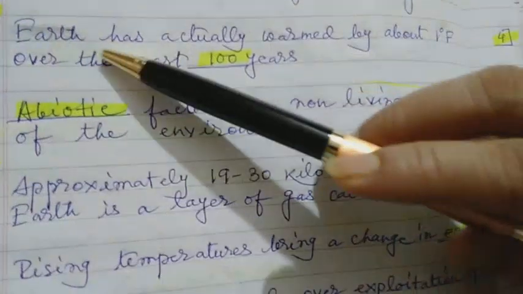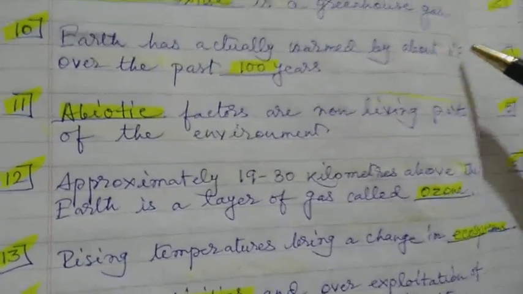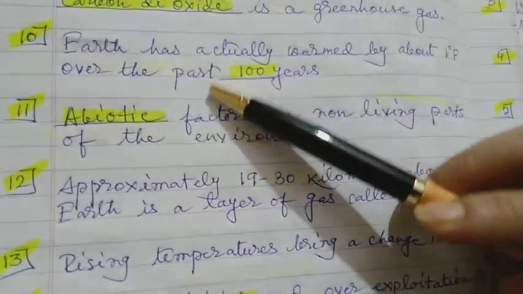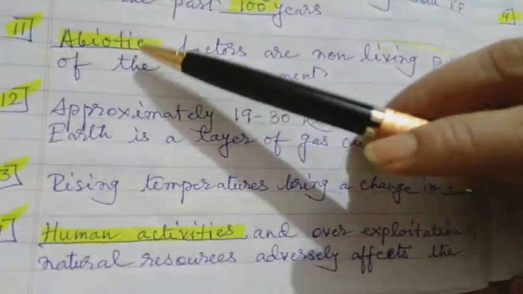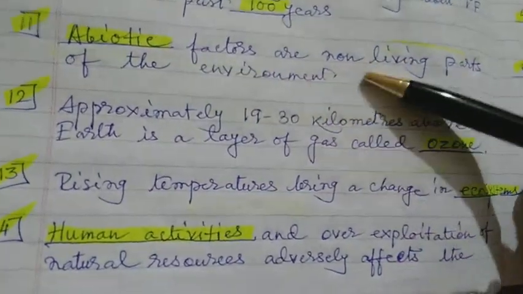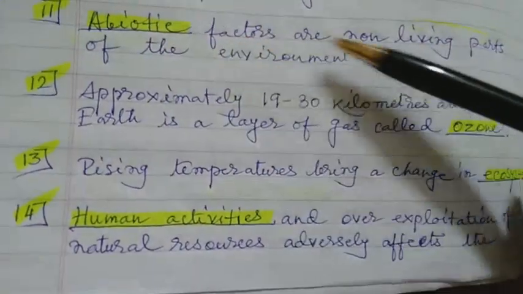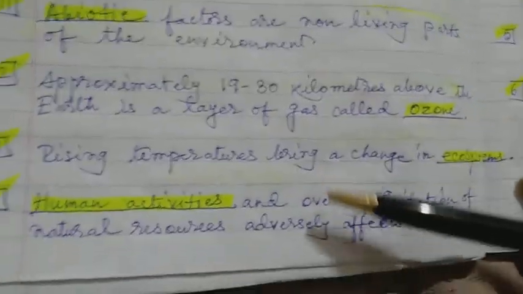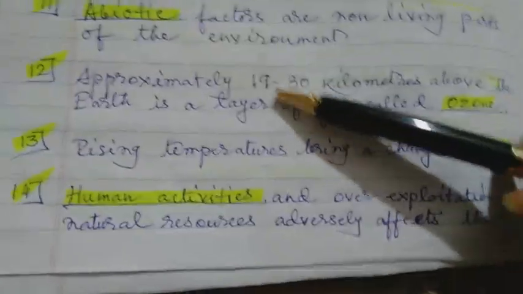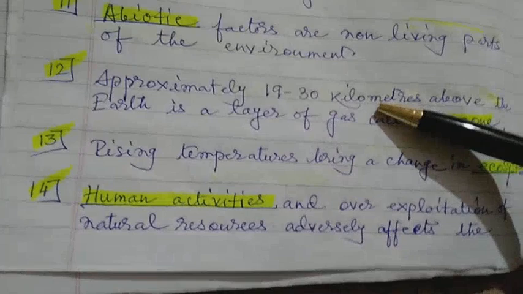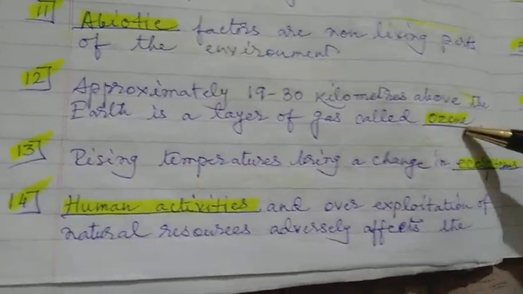Number 10, Earth has actually warmed by about 1 degree Fahrenheit over the past 100 years. Number 11, dash factors are non-living parts of the environment. Abiotic factors are non-living parts of the environment. Next, number 12, approximately 19 to 30 kilometers above the earth is a layer of gas called ozone.